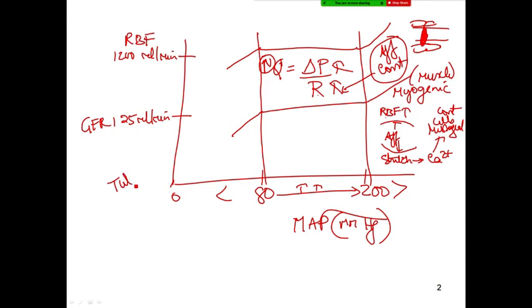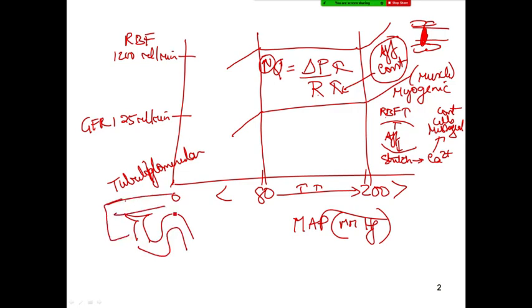The next mechanism is the tubuloglomerular feedback mechanism. So what happened here? Break the word: tubuloglomerular. It's an interaction between the glomerulus and the tubule. And which tubular segment are we talking about? Early distal convoluted tubule, DCT. So again here, initially when pressure increased, according to the equation, the blood flow increased.